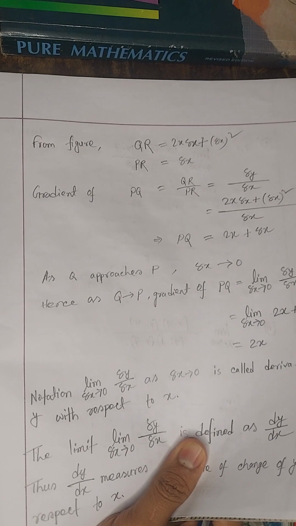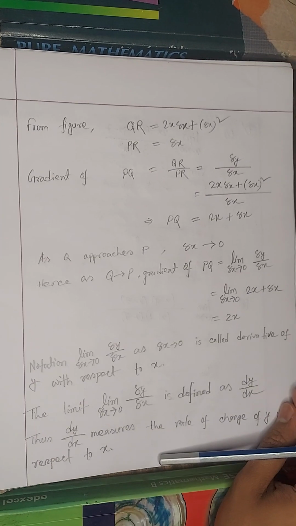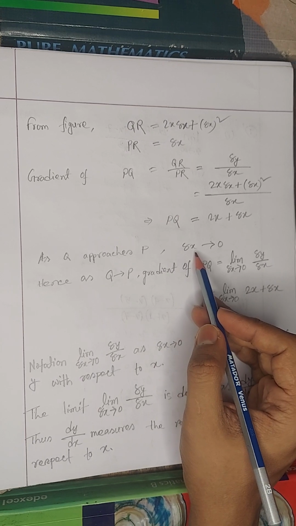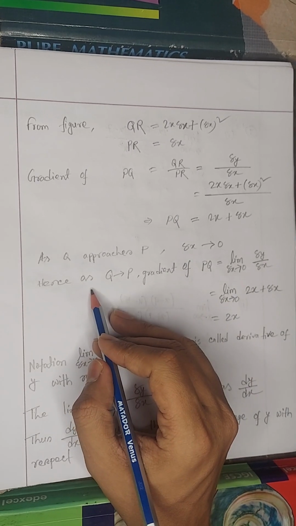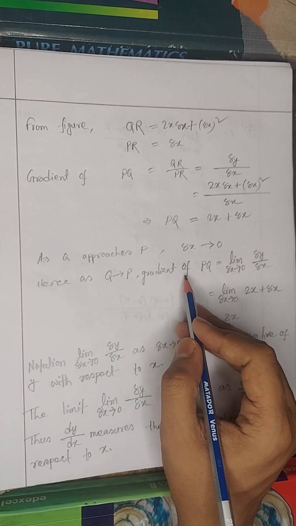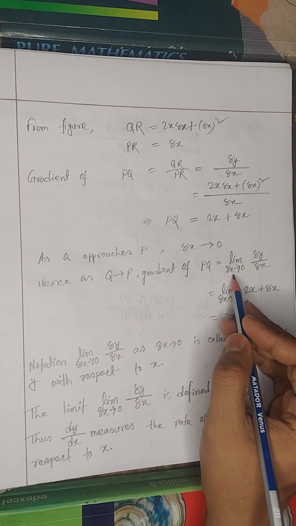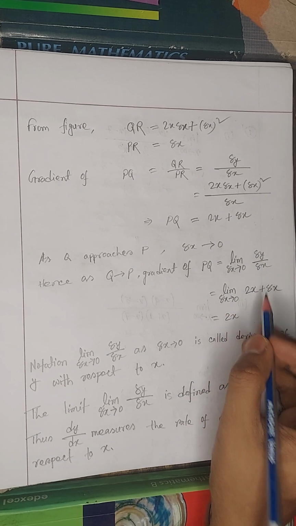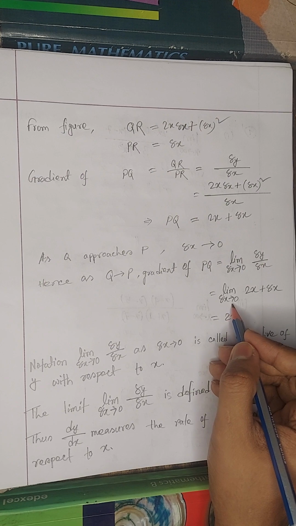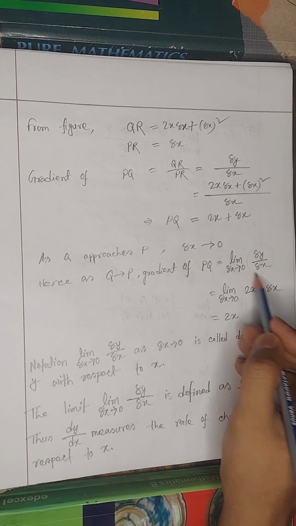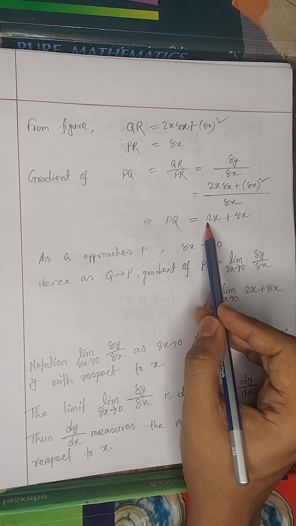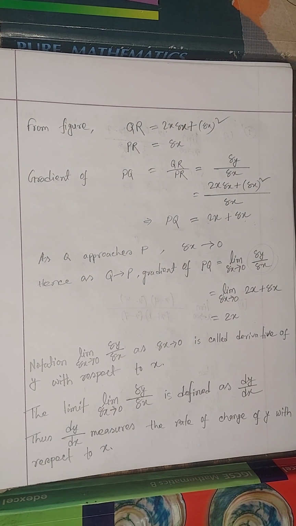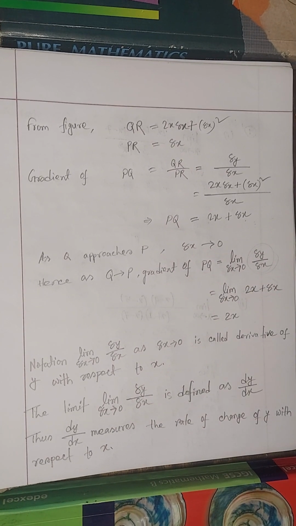We are going to find that when Q approaches P, that means delta x tends to 0, and as Q tends to P, the gradient of PQ will be limit delta x tends to 0 of delta y divided by delta x. The value of delta y by delta x we got before is 2x plus delta x, and if delta x tends to 0, the value of this function will be 2x.